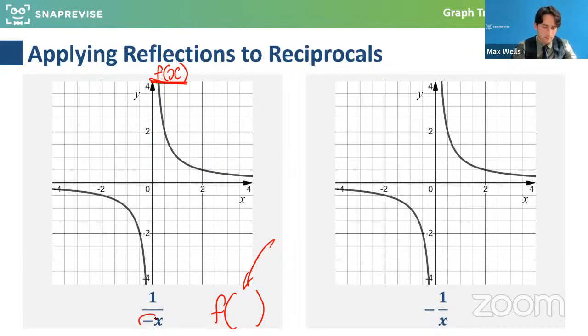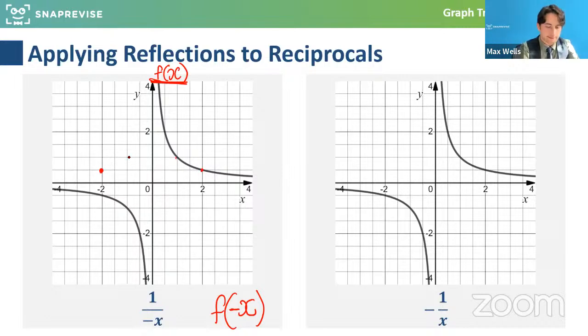Well, this time the minus is in the denominator. It's in the reciprocal part of the function, so it's happened within the function. So this is now a reflection in the y-axis, because the x value here that's at 2 would now go over here at minus 2.